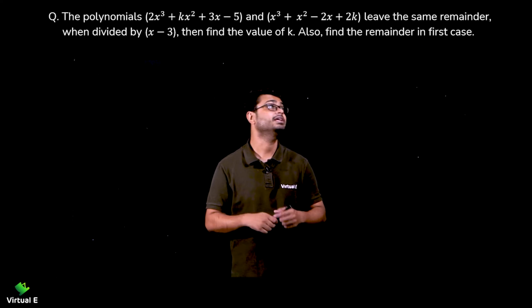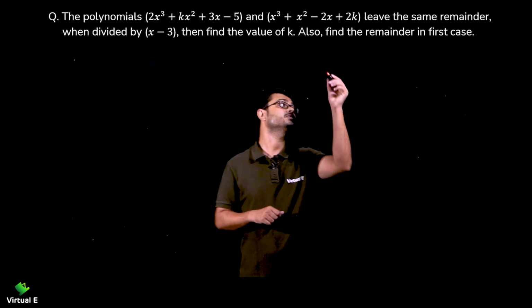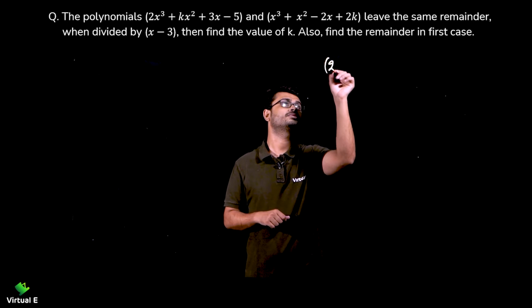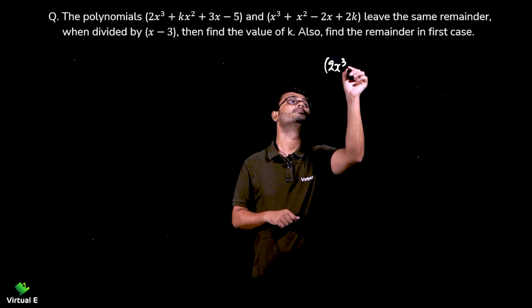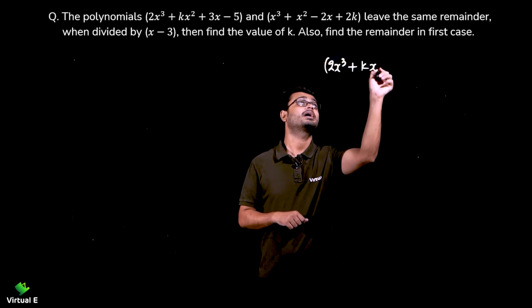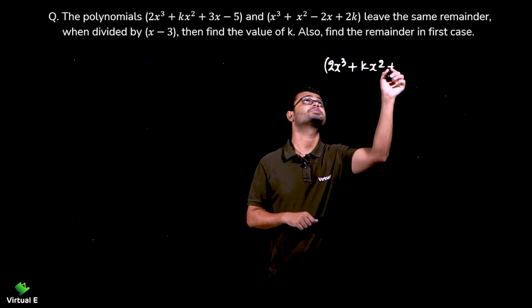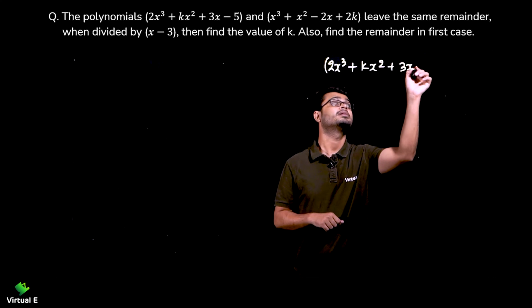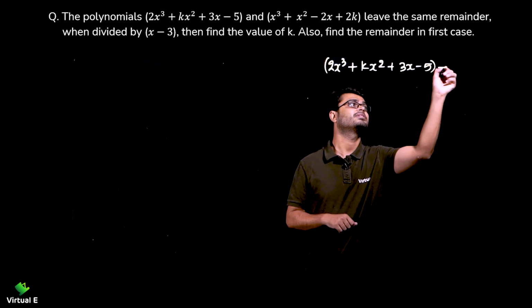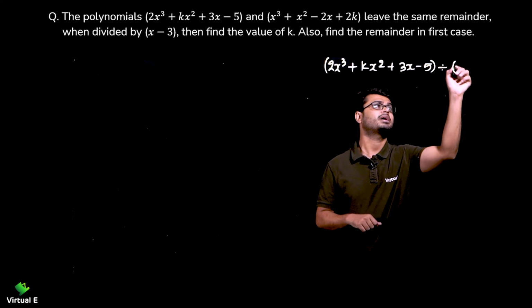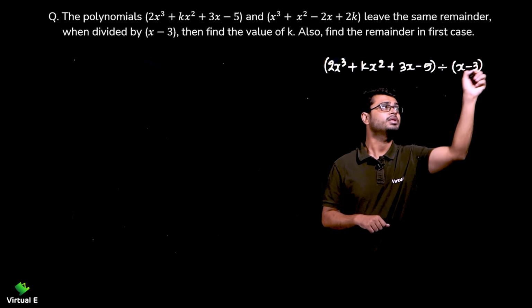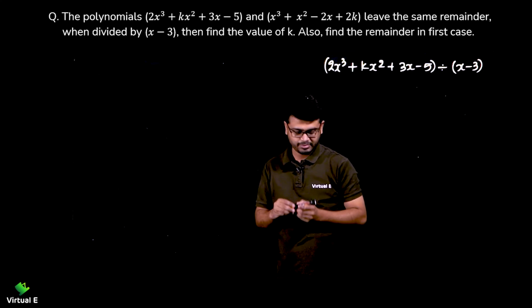First of all, let's start with the first polynomial, which is, let's say, 2x cubed plus kx squared plus 3x minus 5 divided by x minus 3. First of all, we are going to find the remainder.